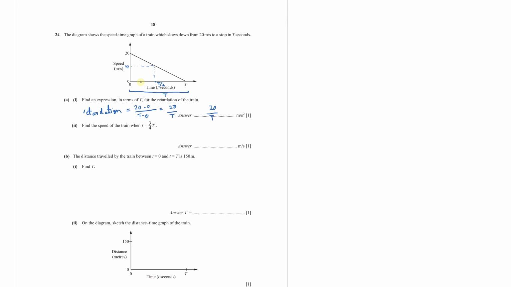So this is 1 quarter, T by 4. This is half, T by 2. And then this is 3T by 4 here. Let me write it cleanly.